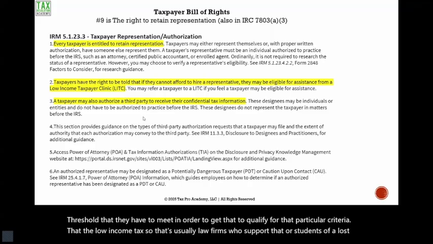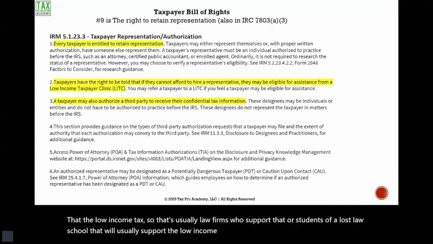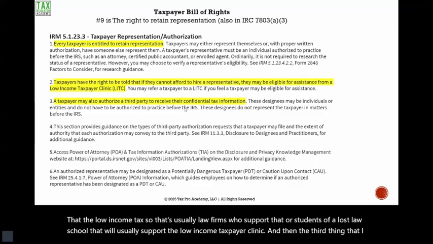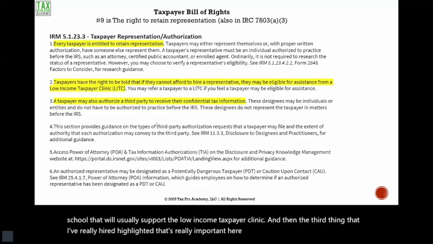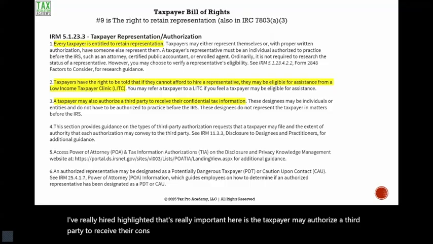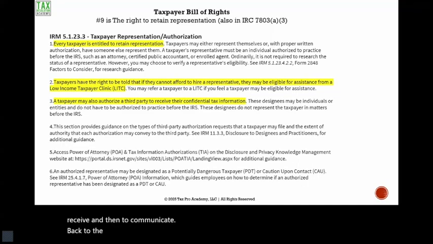And then the third thing that I've really highlighted that's really important here is that the taxpayer may authorize a third party to receive their confidential information. Note that it says receive, and receive and then to communicate back to the IRS are two totally different things.